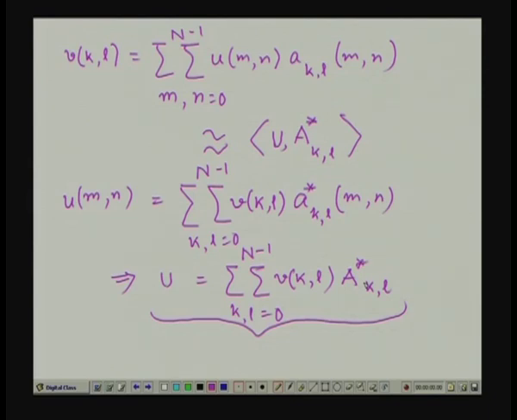So, this particular derivation simply says that the purpose of image transformation is to represent an input image in the form of a linear combination of a set of basis images. Now, to see how these basis images look, let us see some of the images.